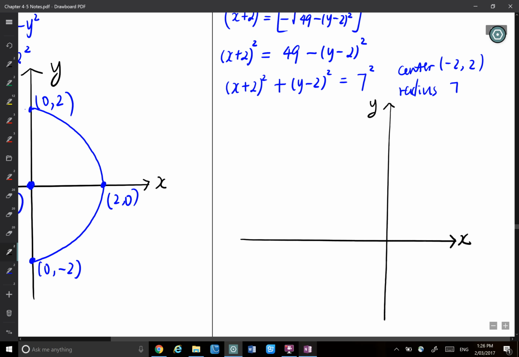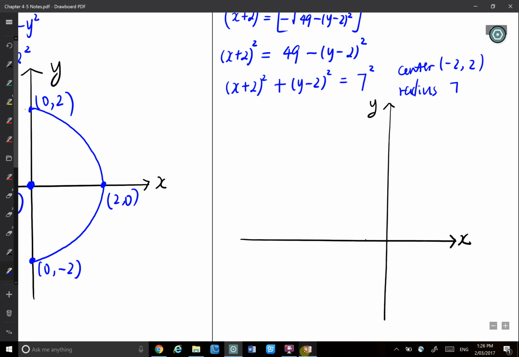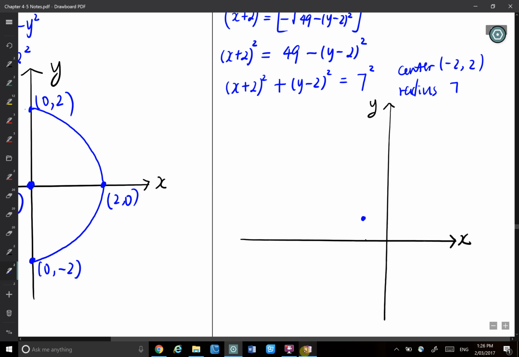So we have negative 2, which is the center. So here is the center. And then the radius is 7.